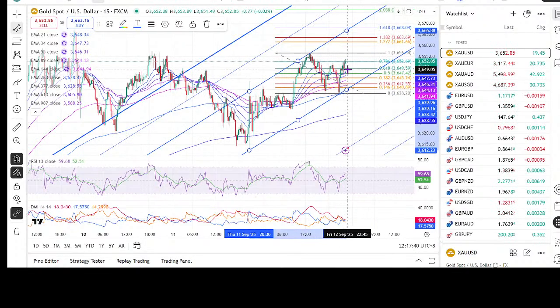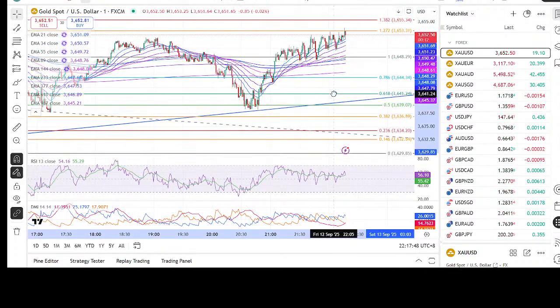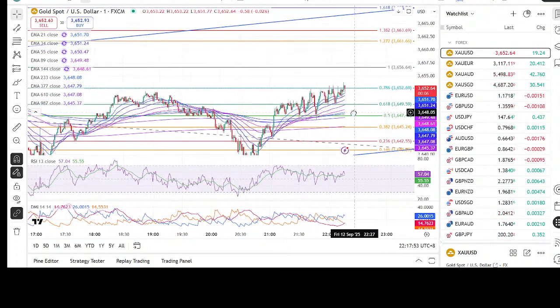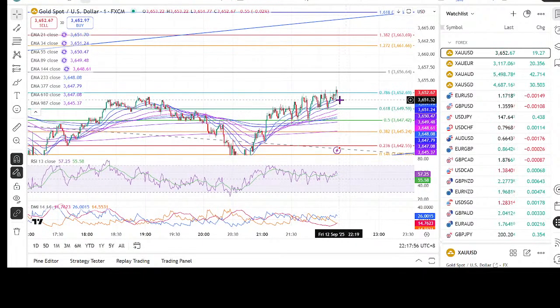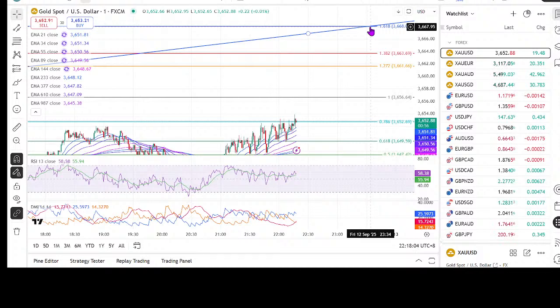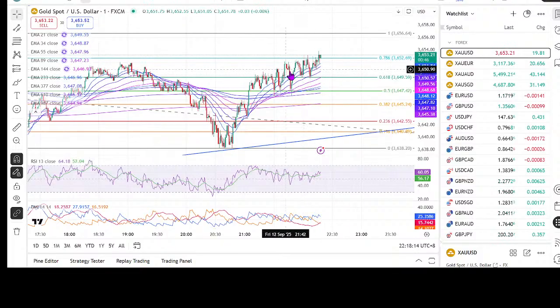If the price is really pushing up, this really has no strength, you know. If the price is really pushing up, the high should reach somewhere before 23:30, which means another 1.5 hours. But right now the price is still struggling.